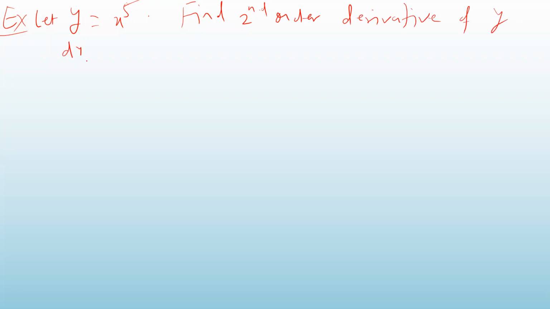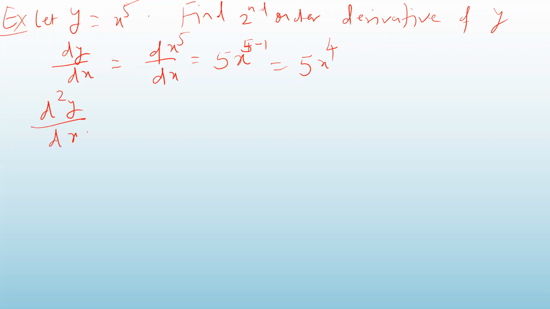So first of all, we will find the first order derivative of y. Y means x raised to 5. What is its derivative? 5 into x raised to 5 minus 1. So it is 5x raised to 4. Okay. Now you want to find the second order derivative. What is the second order derivative? It is the derivative of the first order.